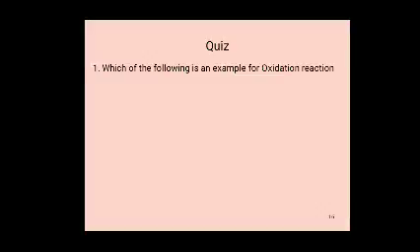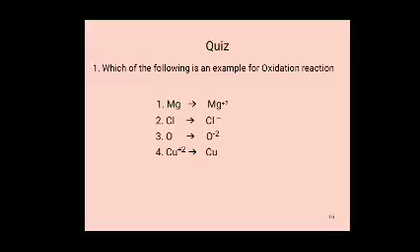Now, some quiz questions. First question: which of the following is an example of an oxidation reaction? The options are: Mg gives Mg+2, Cl gives Cl-, O gives O-2, and Cu+2 gives Cu.